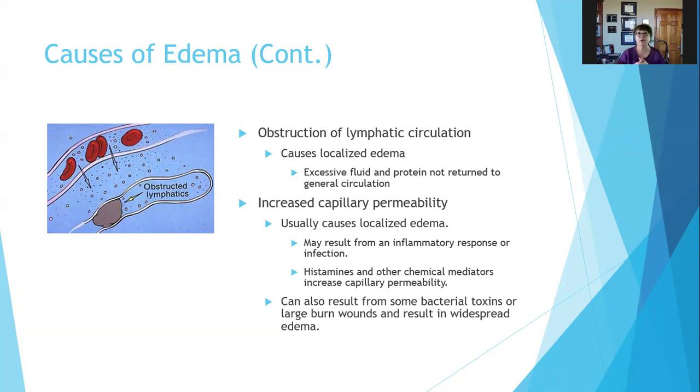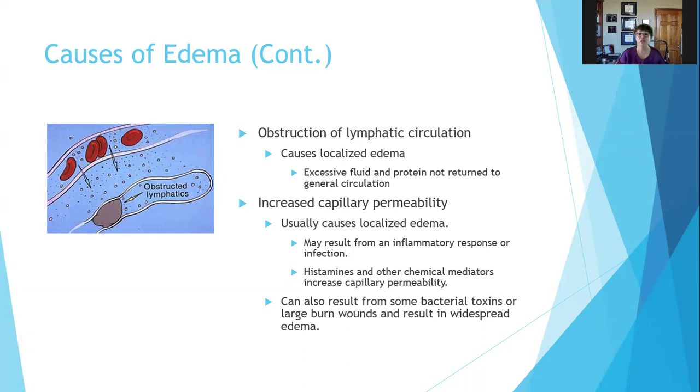So increased capillary permeability usually causes localized edema, and increased capillary permeability can result from an inflammatory or infection response. It can result from histamines or other chemical mediators, which increase capillary permeability, and we'll talk about that coming up in chapter 5.